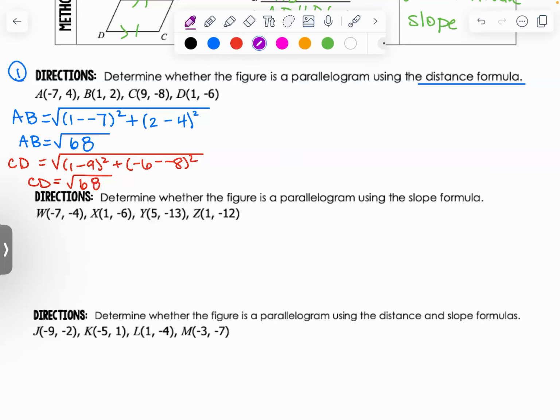So now let's move on and try our other set of sides. What should we try first? BC? Sounds good. So if I'm going to find the distance between B and C, we're going to take 9 minus 1 squared and negative 8 minus 2 squared.